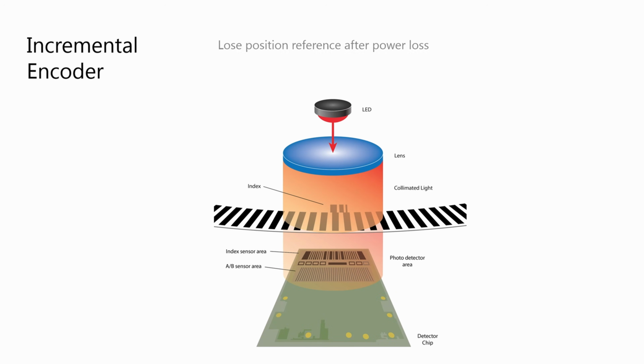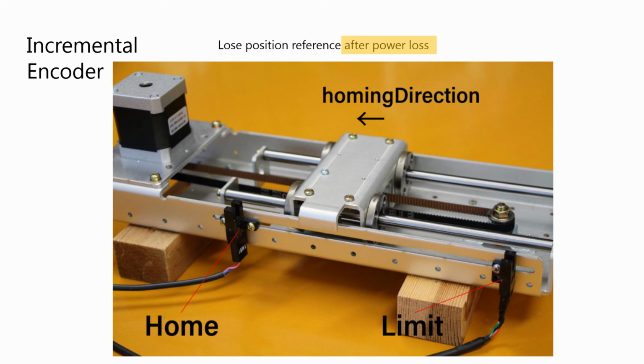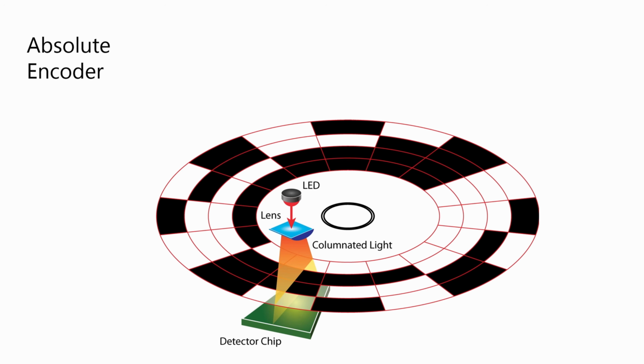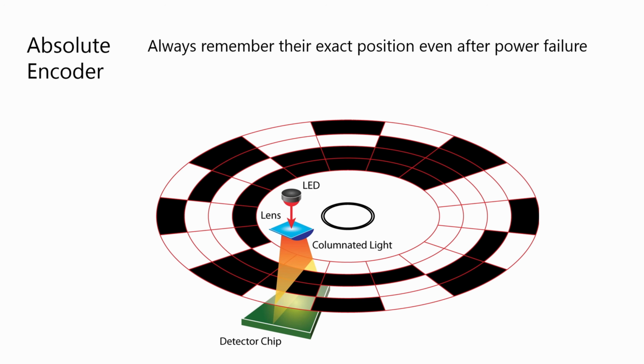Incremental encoders lose their position reference after power loss, which is why homing is required during startup and every time power shuts off. Whereas absolute encoders, which are a little costly, always remember their exact position even after power failure. So homing is often not required.